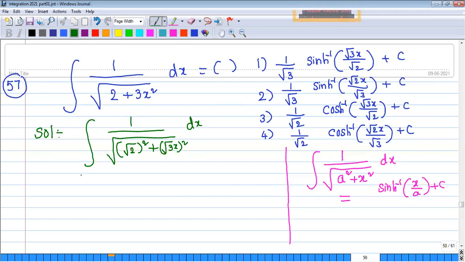Then we can write sinh inverse of, in the place of x we have root 3x, in the place of a we have root 2. But it is not in the form of x square, but we have root 3x whole square. Root 3x differentiation is root 3, so we need to divide by root 3. So 1 upon root 3 right now, plus c. Yes, first option is the right option.